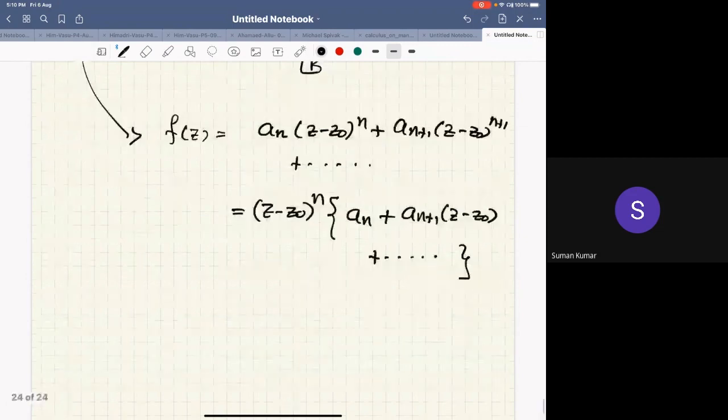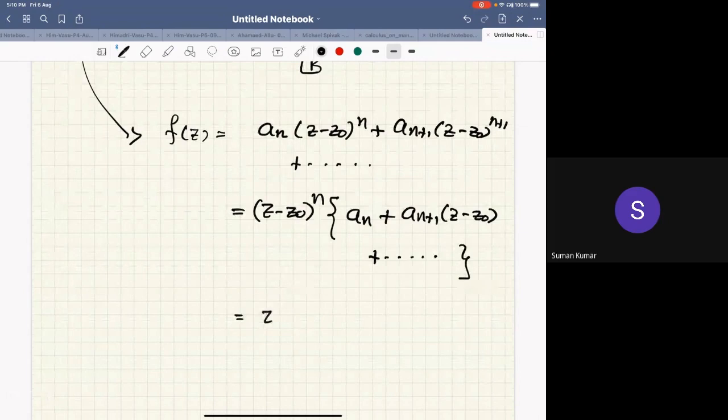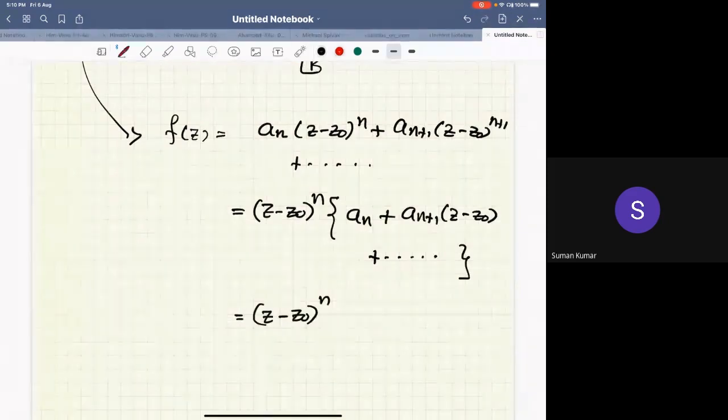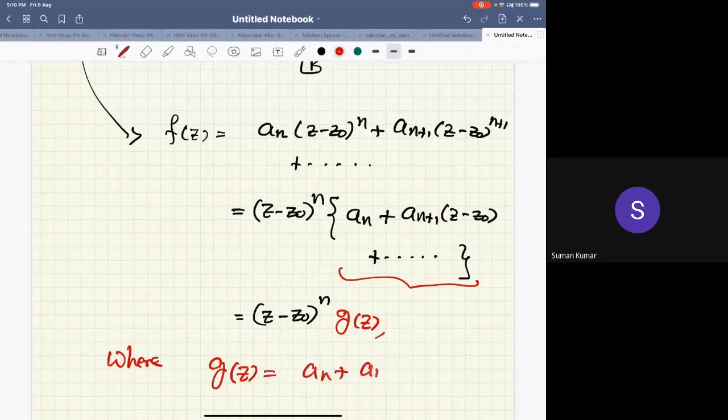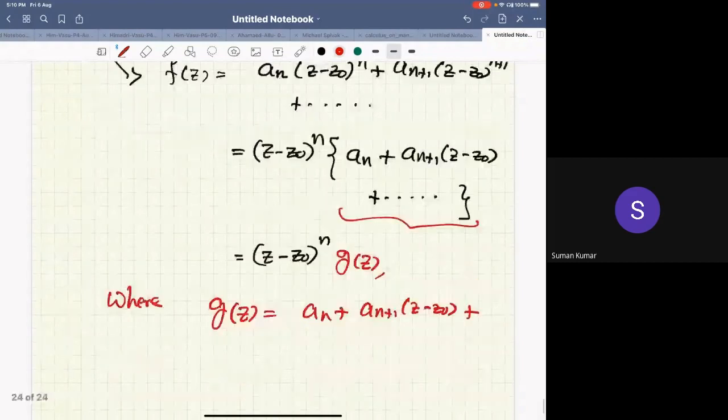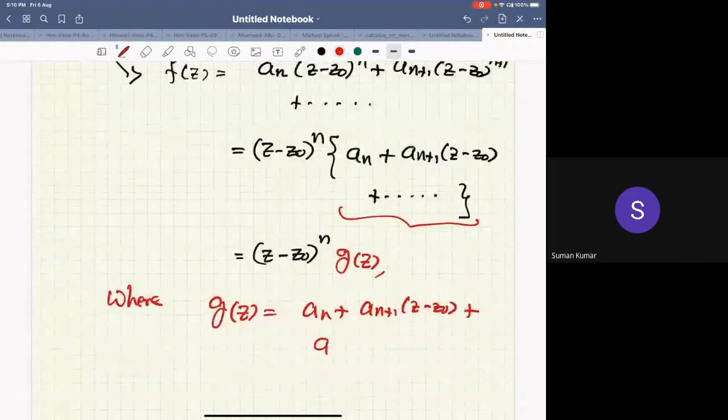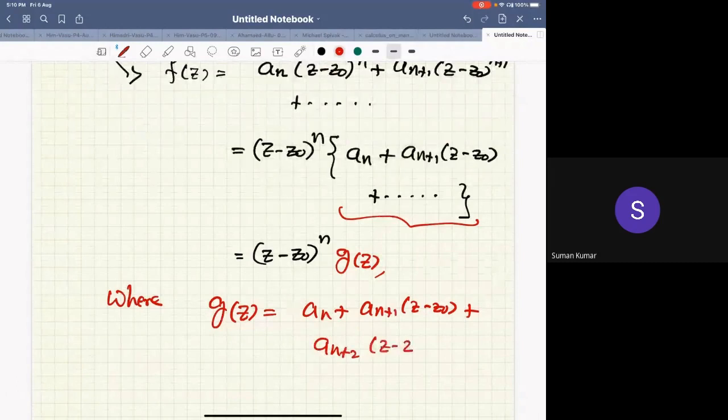So I will rewrite this as z minus z0 whole to the power of n into g of z, where g of z is nothing but a n plus a n plus 1 into z minus z0 plus a n plus 2 into z minus z0 whole square and so on.